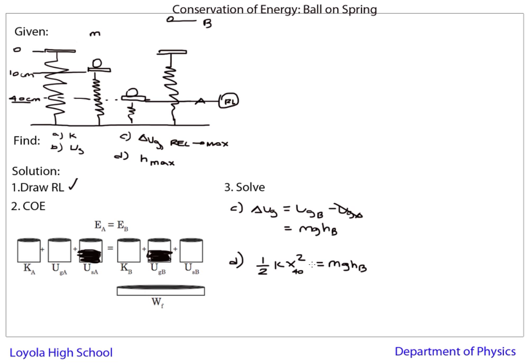So if I can solve for h of b, because I know k from the first part, I know this x is 40 centimeters, and m and g I know, I can solve for h of b and get a height. And then if I know that height, I can find the change of potential. One other thing I want to mention about this problem is that the distances are given in centimeters, so we want to make sure we convert to meters so that we get the correct numerical value for joules. So there's the ball on the spring problem.